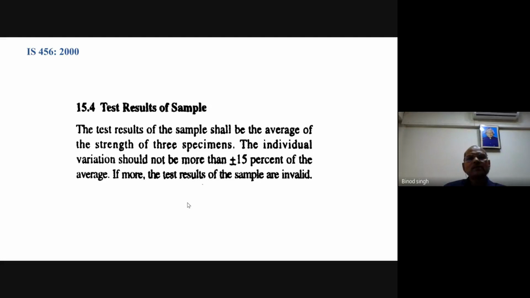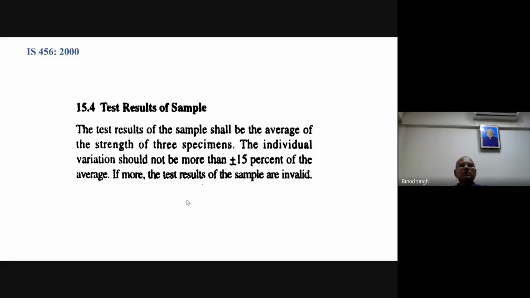The individual variations should not be more than plus minus 15% of the average. If more, the test result of the sample is invalid. So if your concrete is not passing this test, in that case you have to go for non-destructive testing.